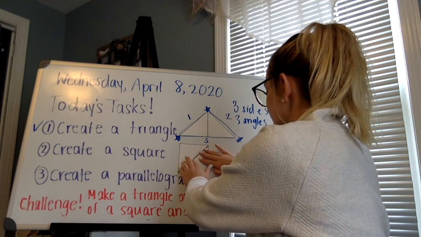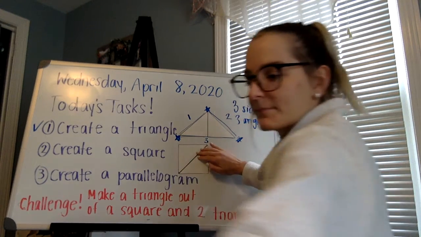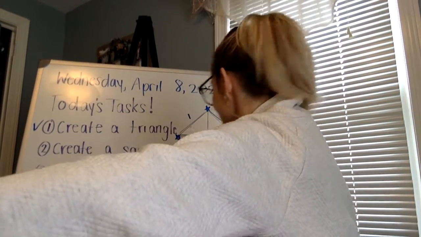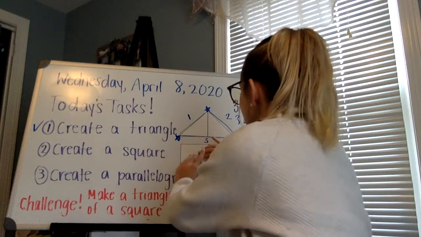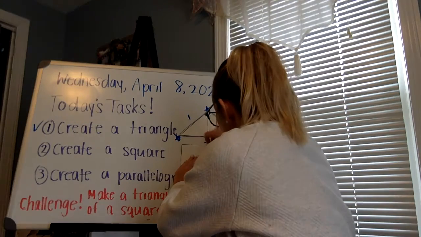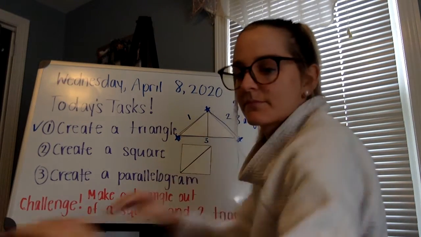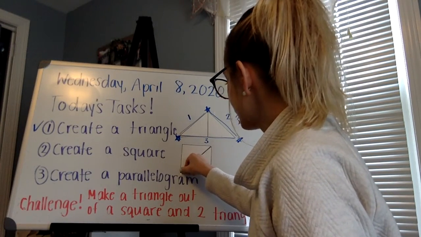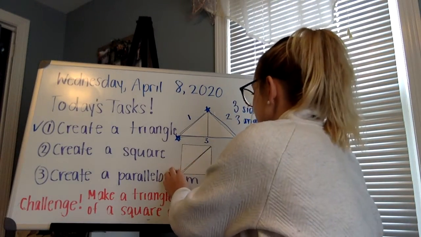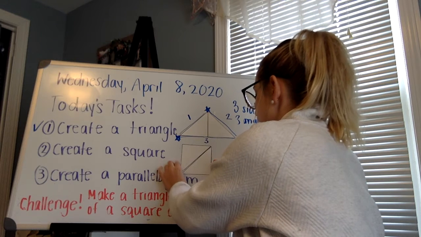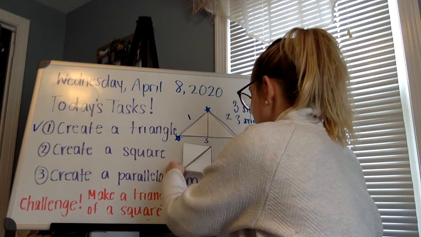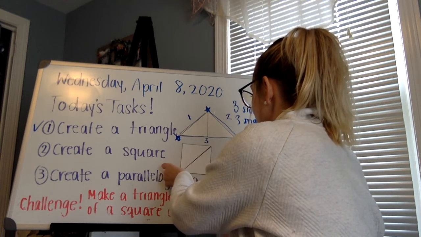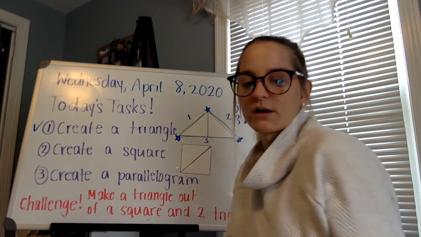This looks like a square to me, so I'm going to grab some tape. It's very tricky here. Tape it up here. And let's double check to make sure that this new shape has the features of a square, or characteristics or attributes of a square, okay?